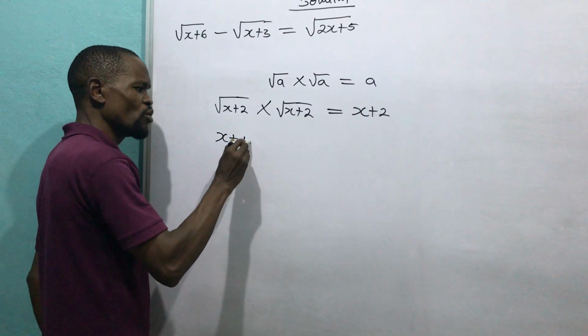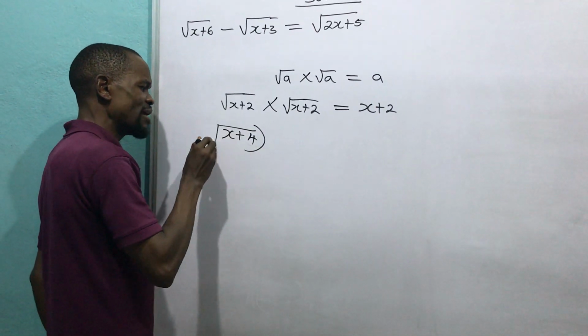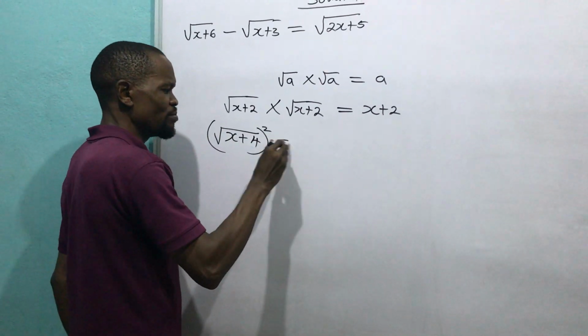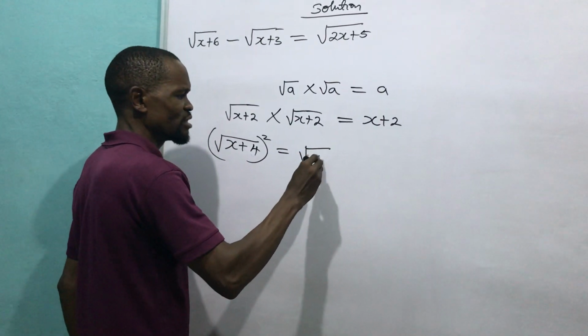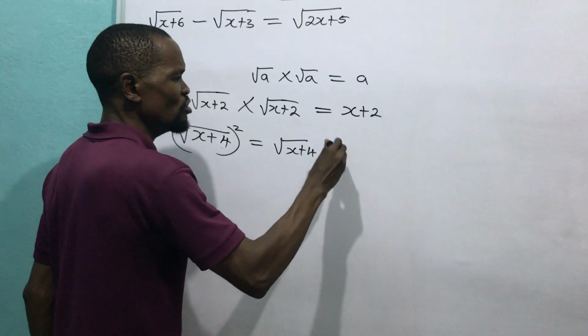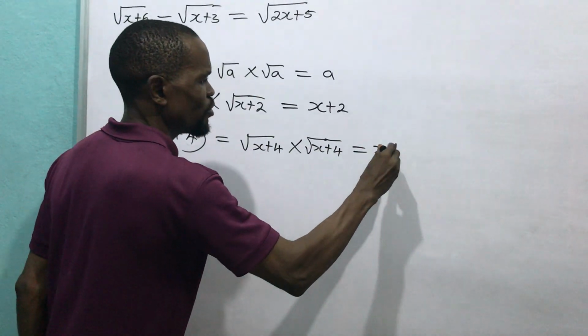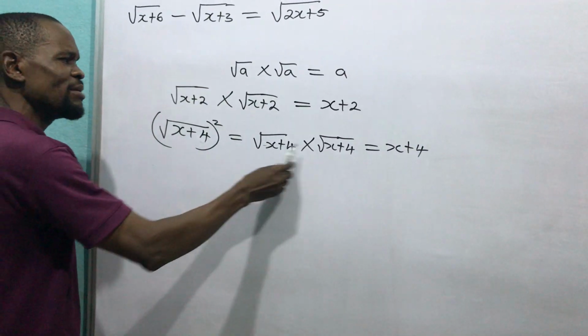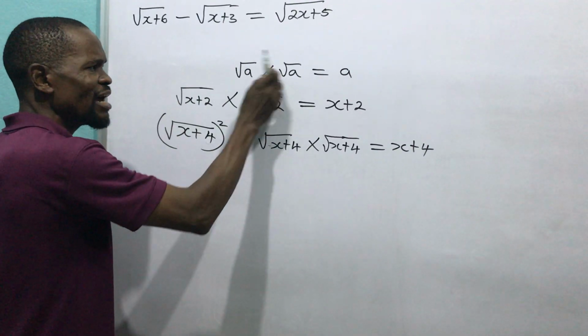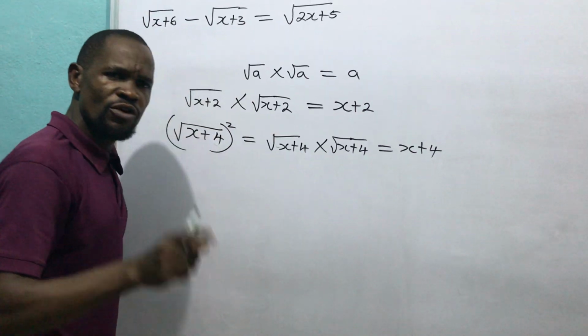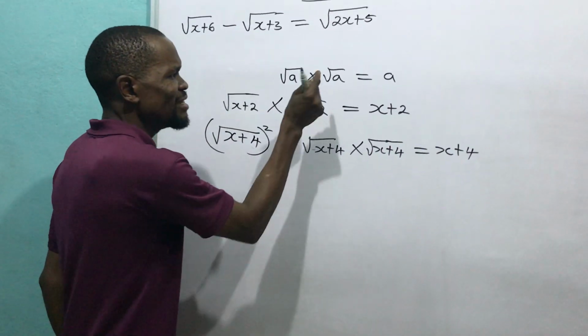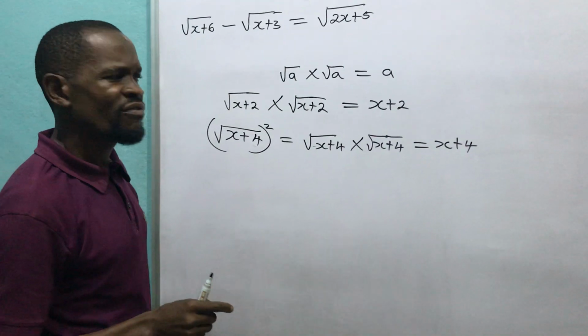Maybe let me put 4: root of x plus 4, all squared. This simply means root of x plus 4 times root of x plus 4, and the answer is x plus 4. So when similar roots multiply themselves, my answer is what is inside one of them.